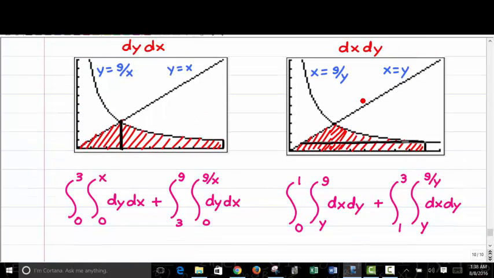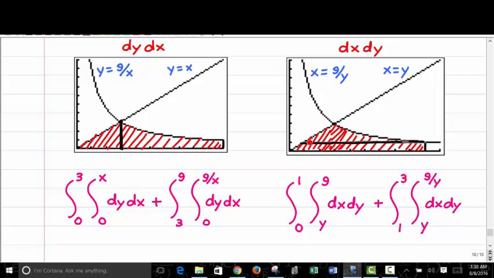If y equals x, that means we have x equals y. I'm doing the bottom part first: x goes from y to 9. That's a fixed value for x, no variable there. And then that little horizontal line right here means y is going from 0 to 1.